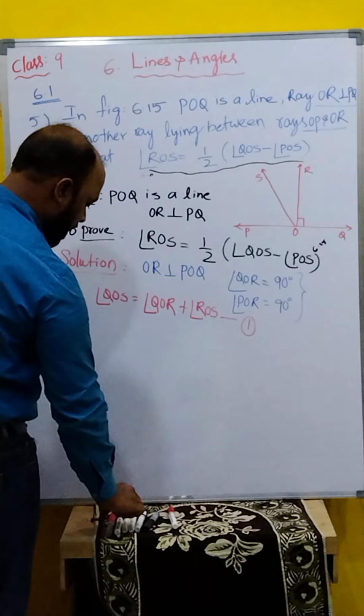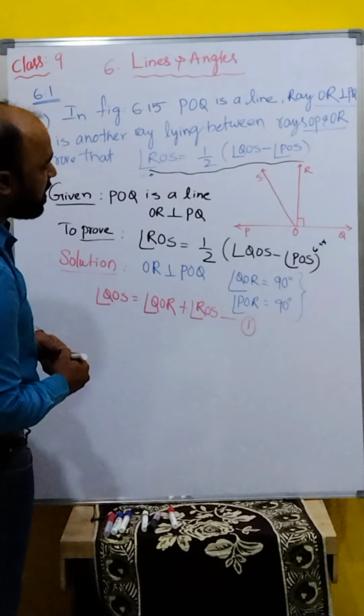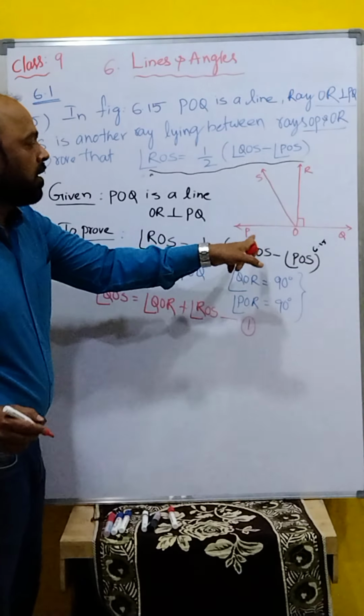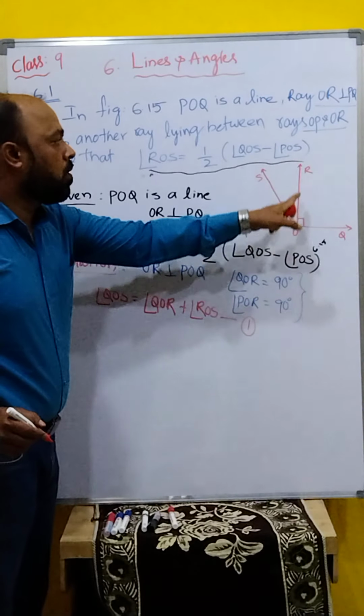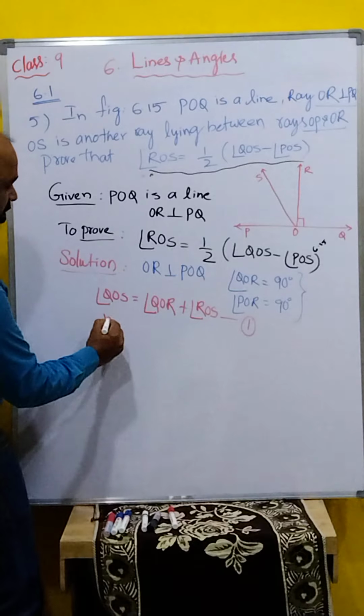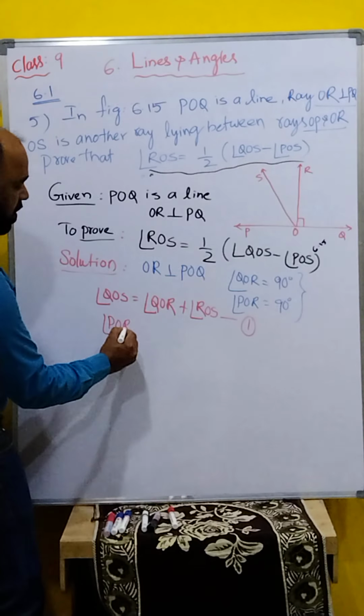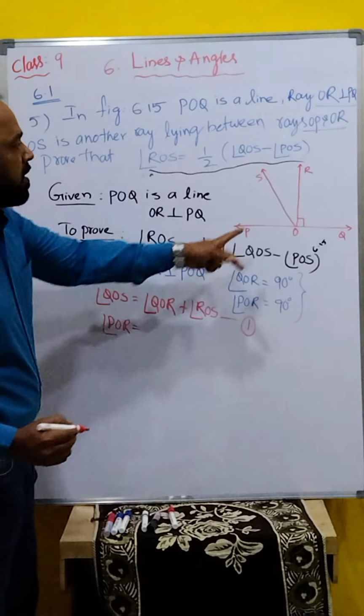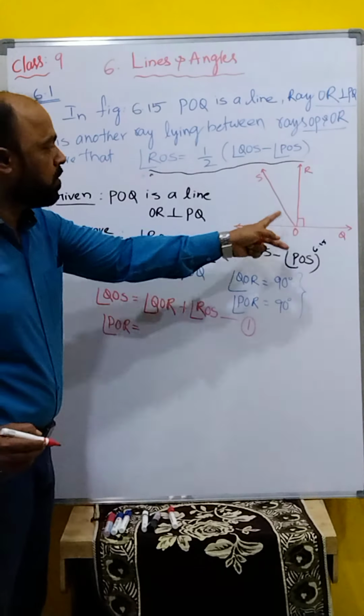Now, in the same way, write down the left side one also. Angle POR is equal to, here also 2: angle POS plus angle ROS.